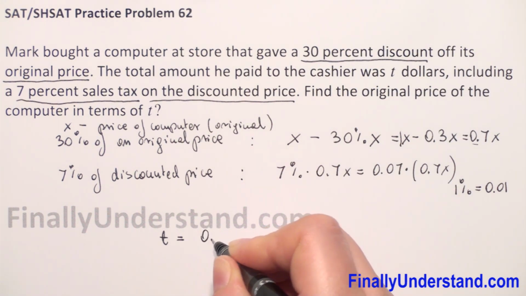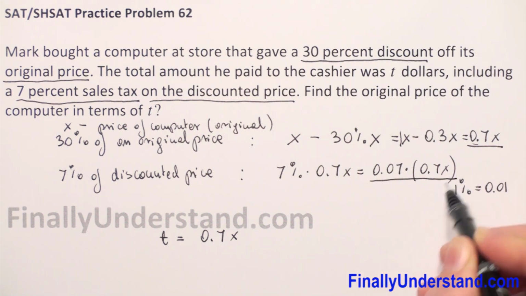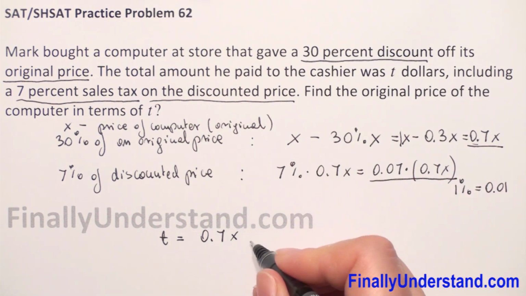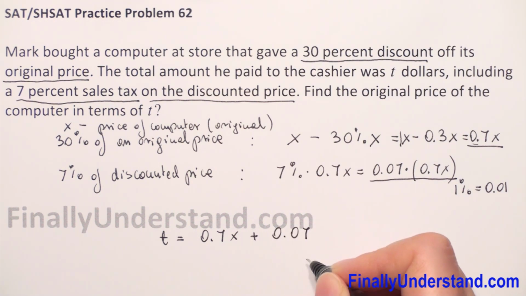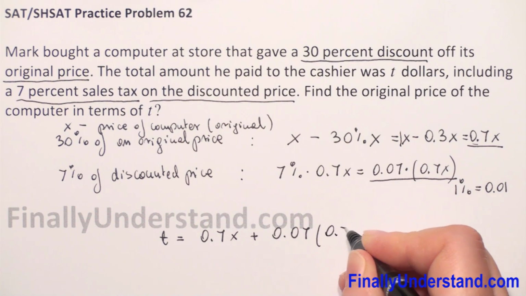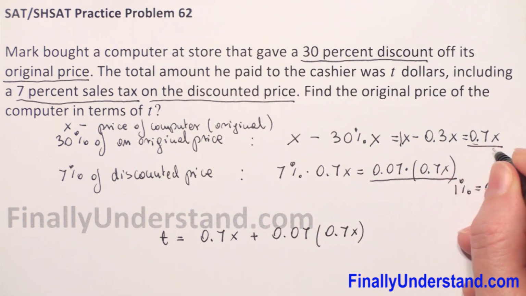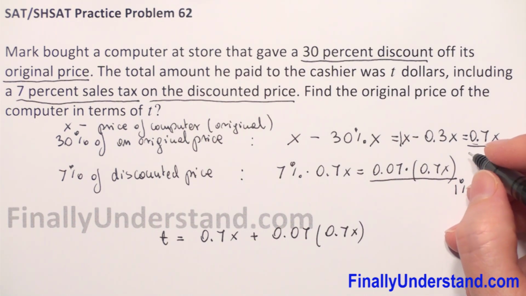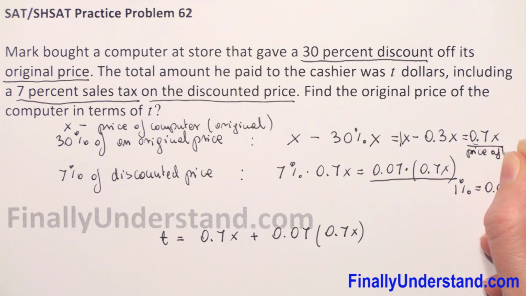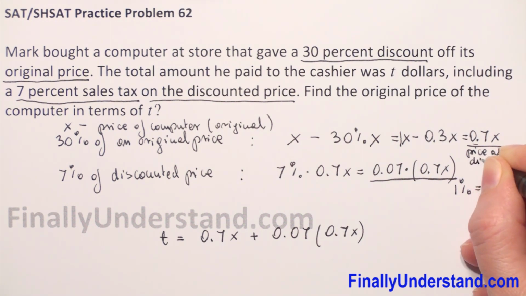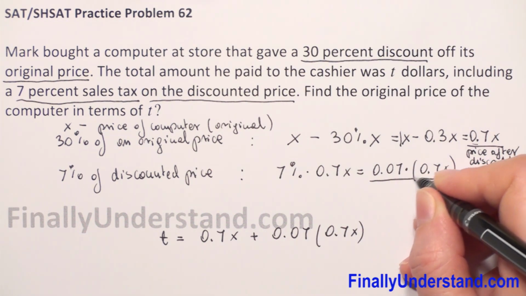He paid 0.7 times X, and we have to add tax, so 0.07 times 0.7 times X. This is the price after discount, and this is our sales tax.